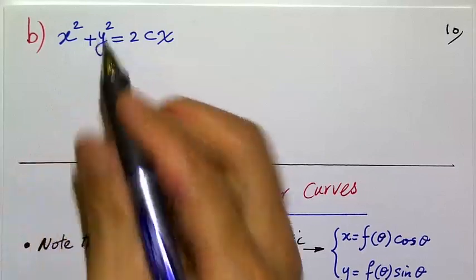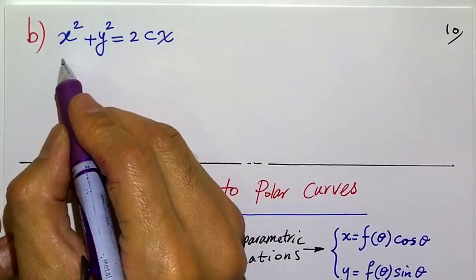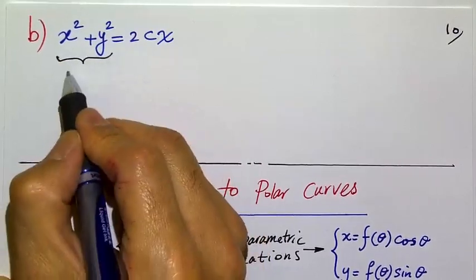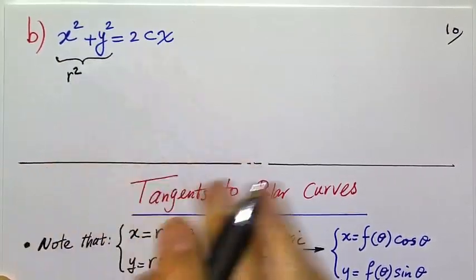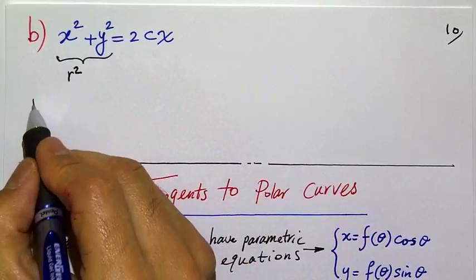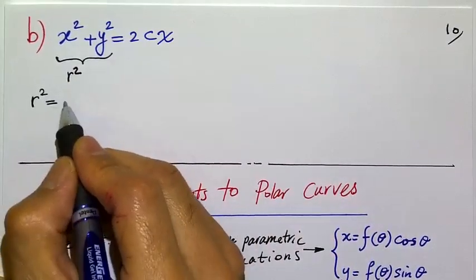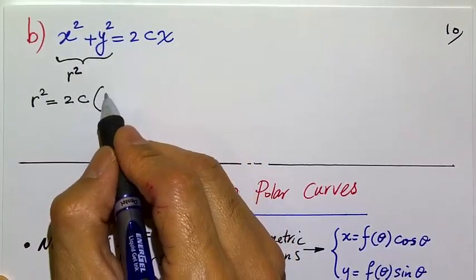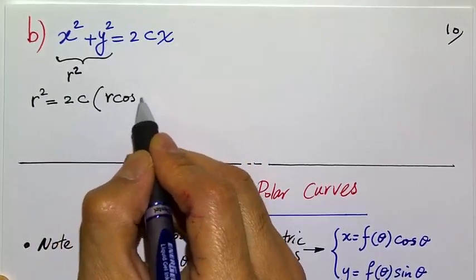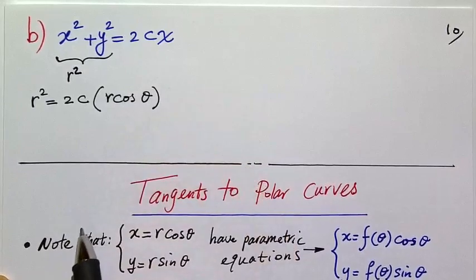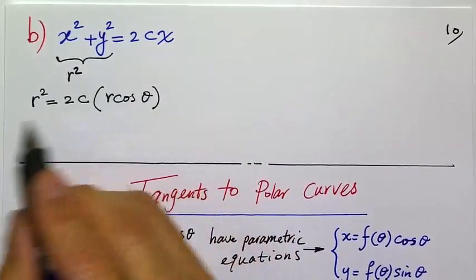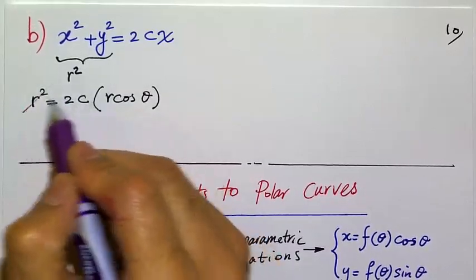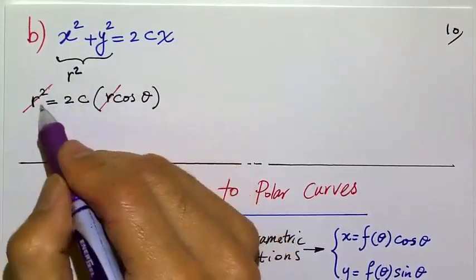Okay, so we know that this piece is r squared. So therefore, on the left, we have r squared equals 2c times, instead of x, let's put r cosine of theta. And then we have r on both sides. We want to have 1 r on one side, so let me cancel this.